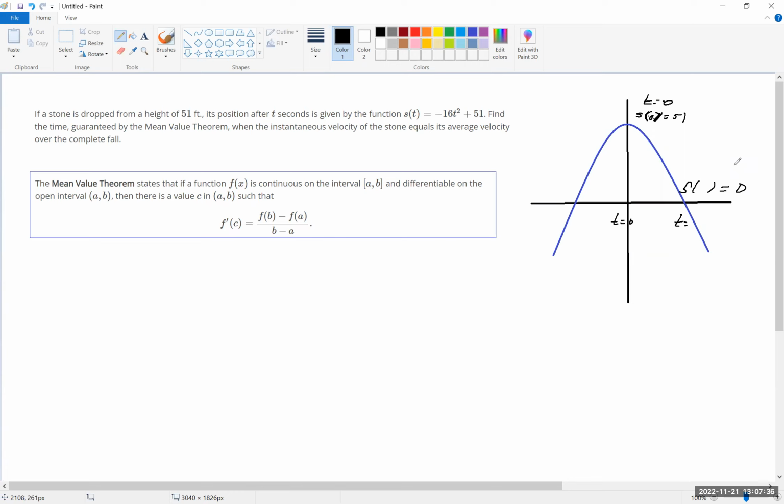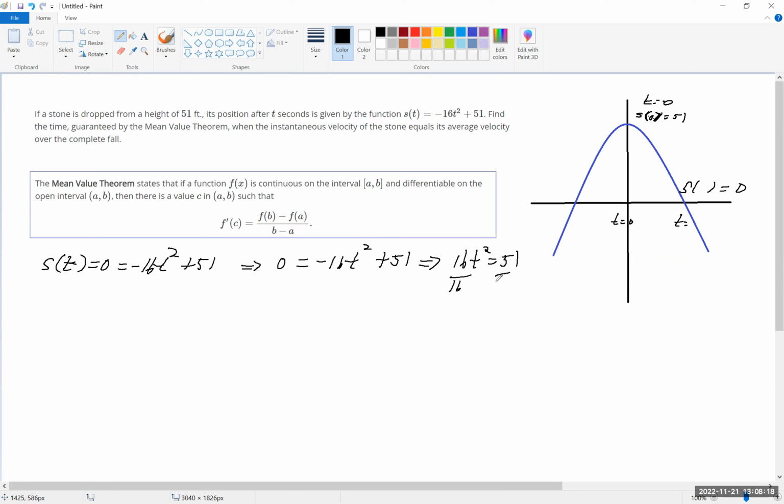Now to figure out what t that might be, we should set s of t equal to 0. In other words, this function equal to 0, which implies that 0 is equal to minus 16t squared plus 51, which means that 16t squared is equal to 51.